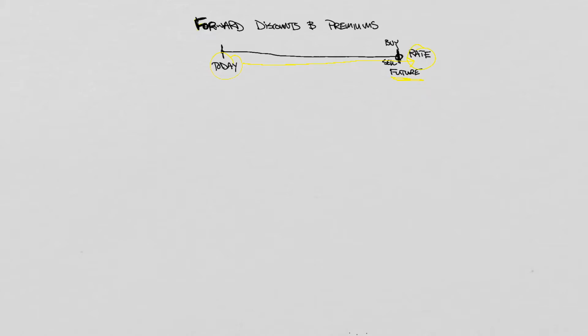the future. And that's why we can look at forward premiums and discounts, because the spot rate, the rate today, may be one thing. The forward rate, the rate for the currency you want to buy or sell, may be another thing entirely. And so the value differential between the forward rate and the spot can fluctuate from a premium to a discount.